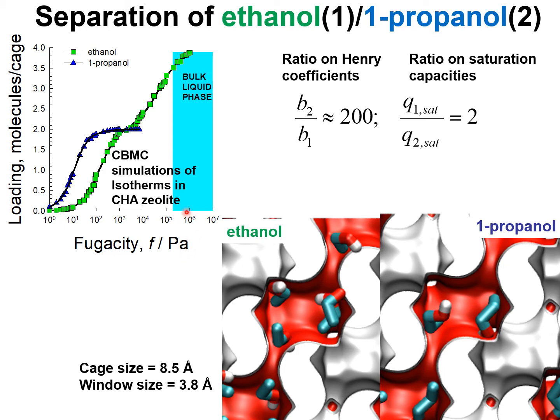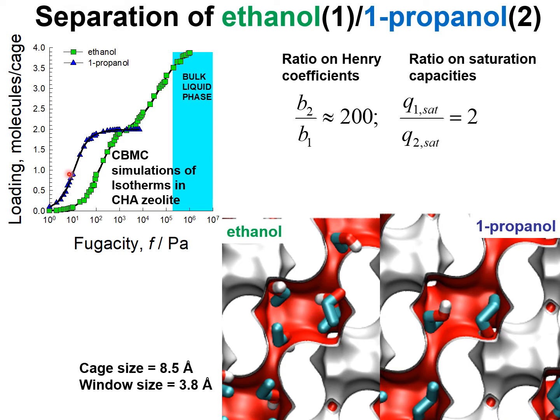Indeed, you need to operate ethanol at conditions in which the bulk fluid is in the liquid phase in order to achieve the saturation capacity. 1-propanol, on the other hand, reaches a maximum saturation capacity of 2 molecules per cage.